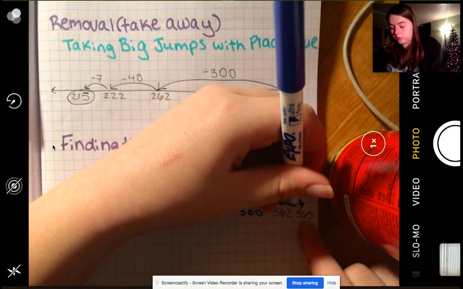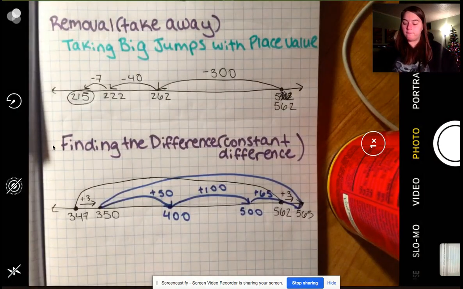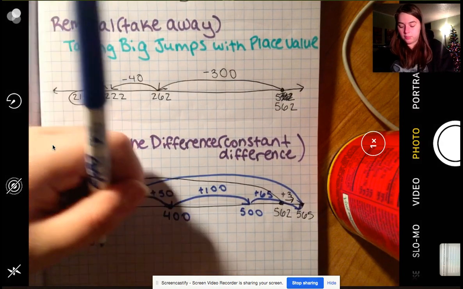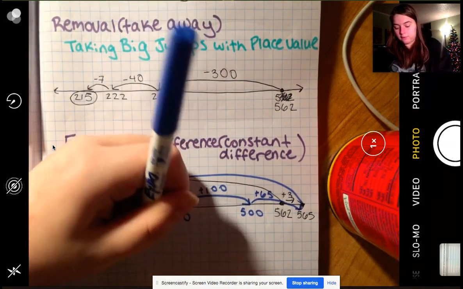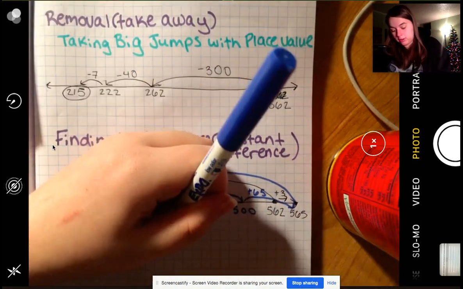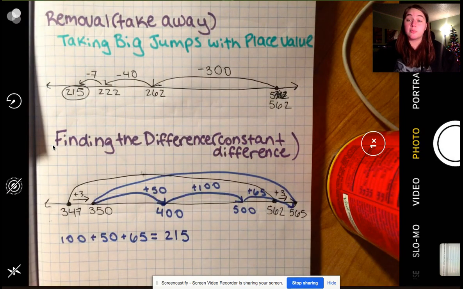Well, that's just another jump by 65. So then we can just add these numbers. So 100 plus 50 plus 65, and that would equal 215. So I know that one's a little bit tricky, but we'll get some more practice with this as we go on today.